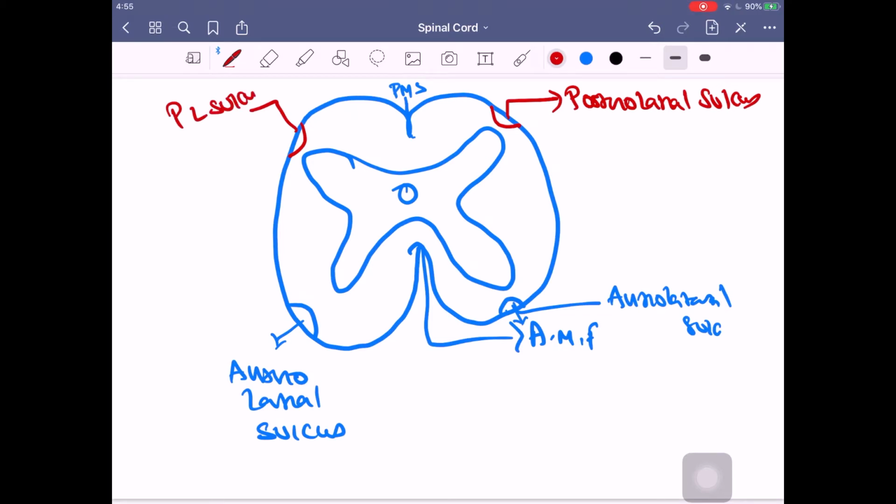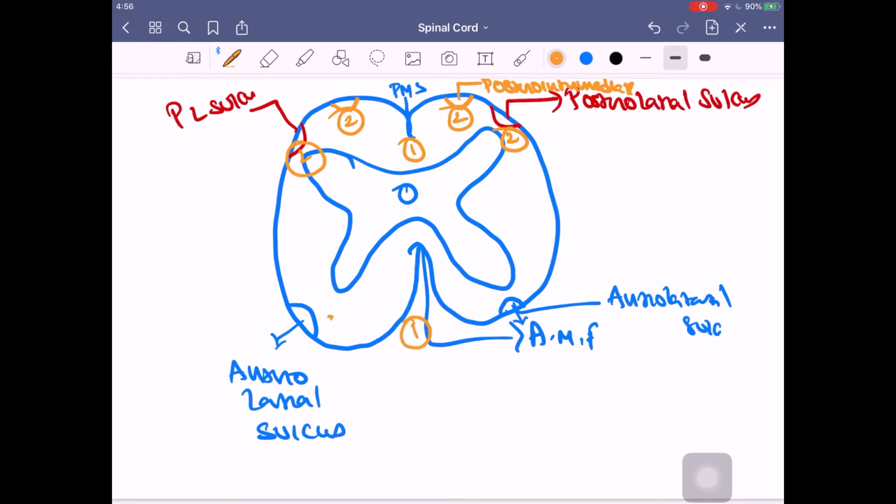In between them we also have the intermediate between your posteromedian and posterolateral. These are called postero-intermediate, right and left.